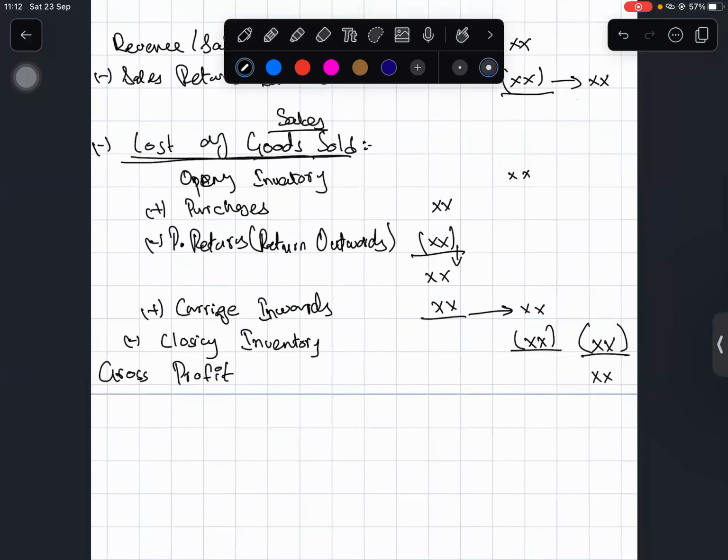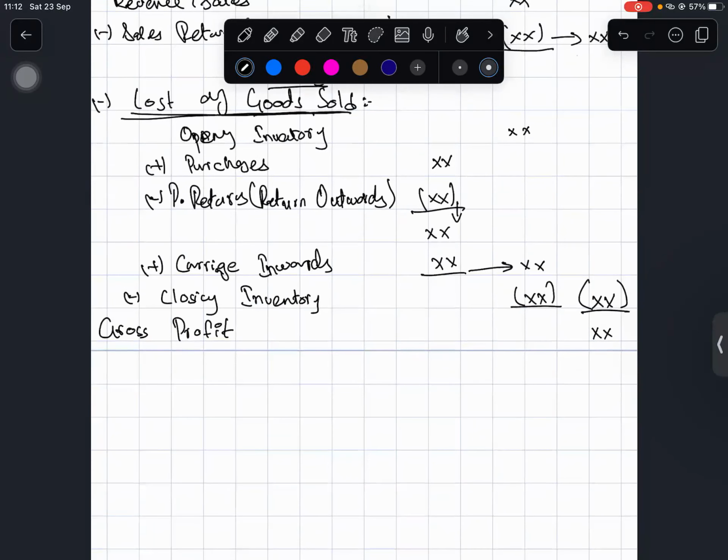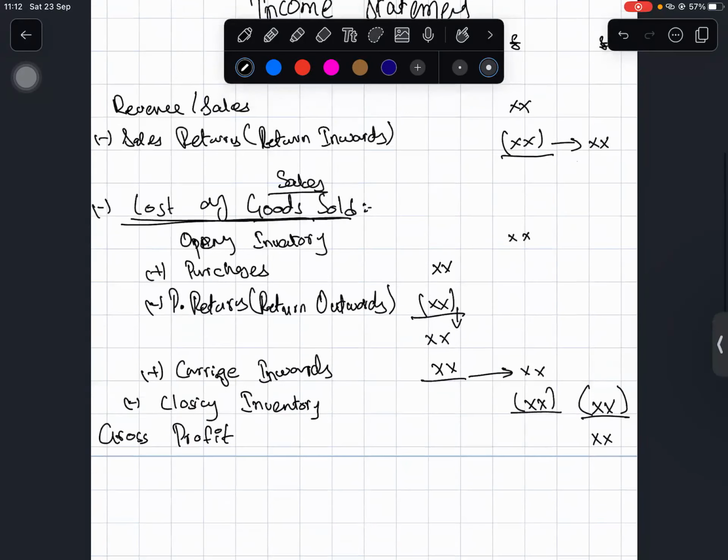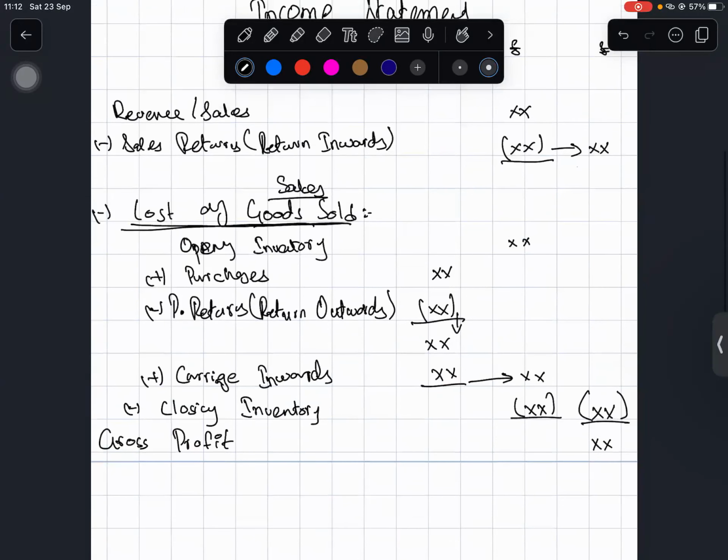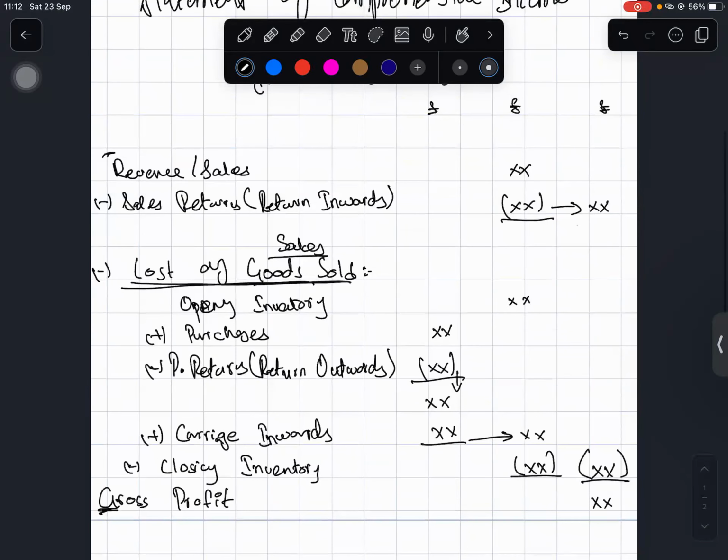So once this is done, this part right here, from revenue until gross profit, this is basically the trading account. Okay, Zain, I think we discussed this in the last class as well.